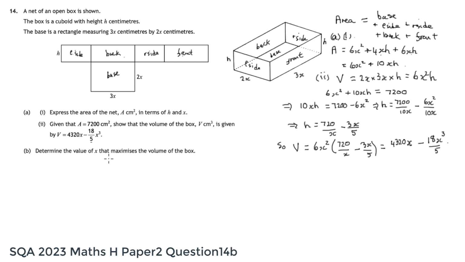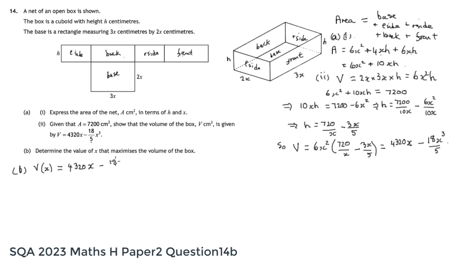It says determine the value of x that maximises the volume of the box. So we have so far achieved an expression for the volume of the box that just involves x. It's a function of x.